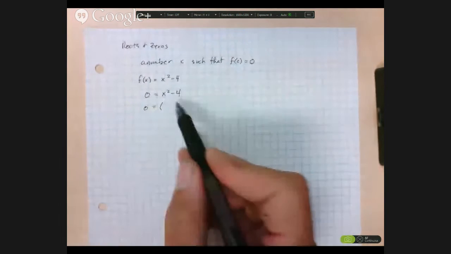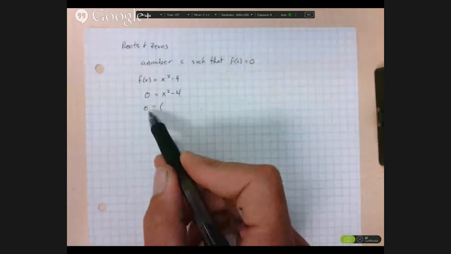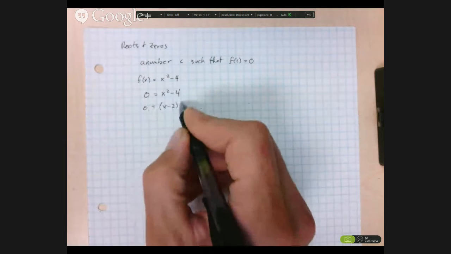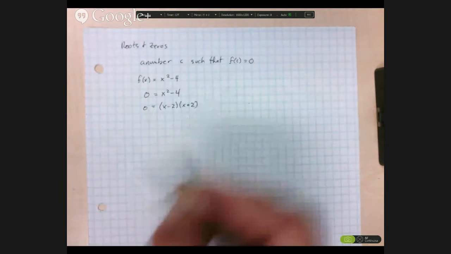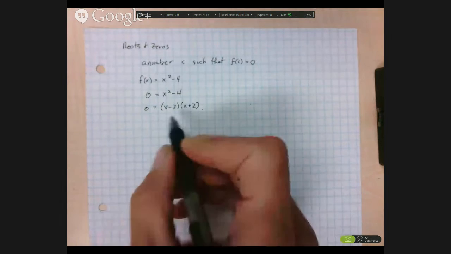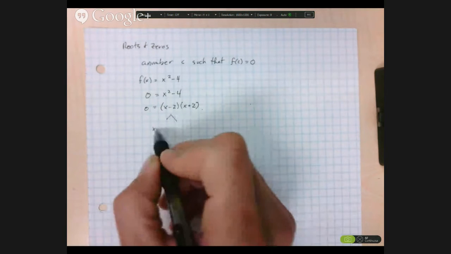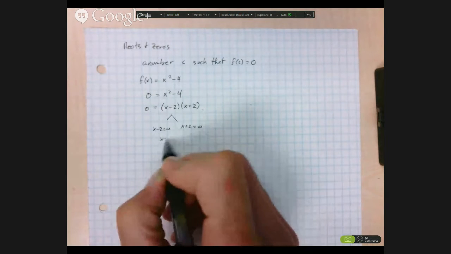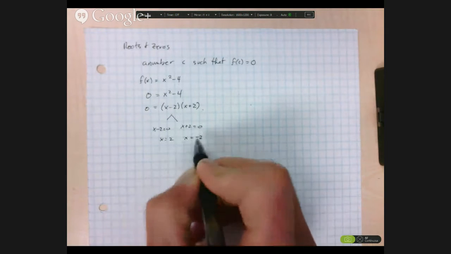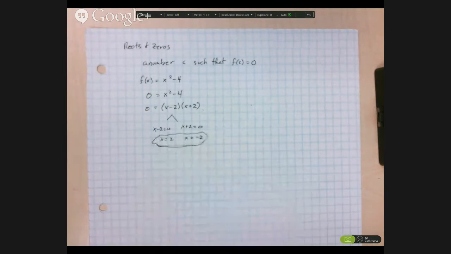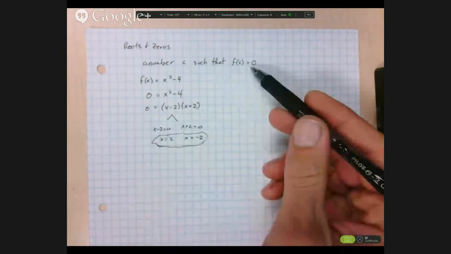I cannot just add. On this one, I probably could get away with it, but most of the time you need to factor and split them apart. x is 2 and negative 2. Those are my roots, or my zeros. Those are the c's such that this is true.